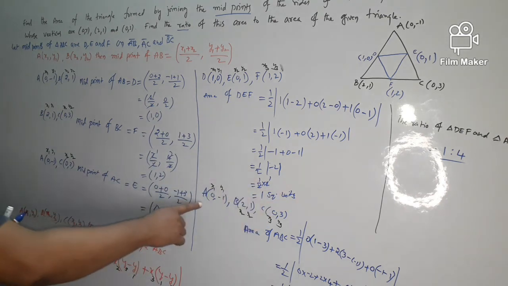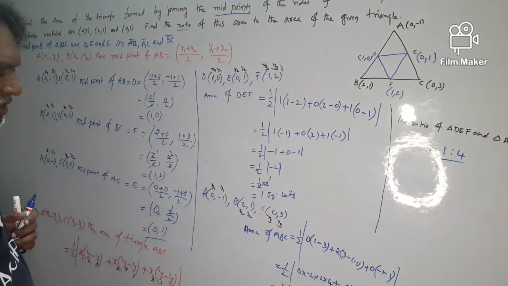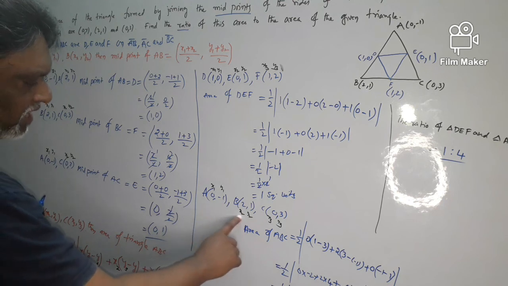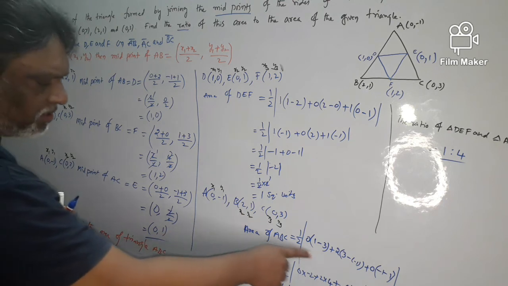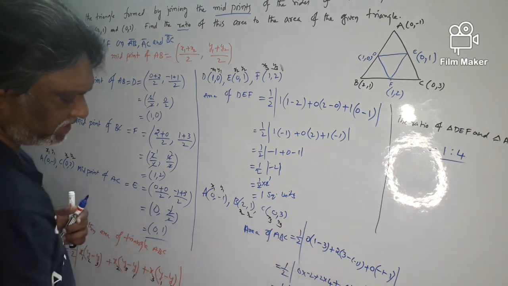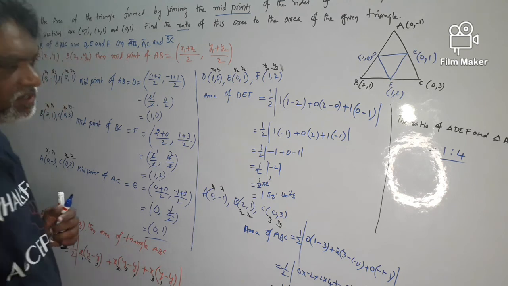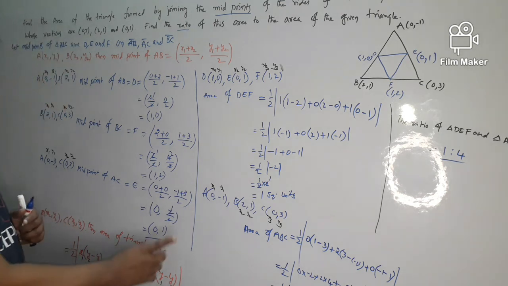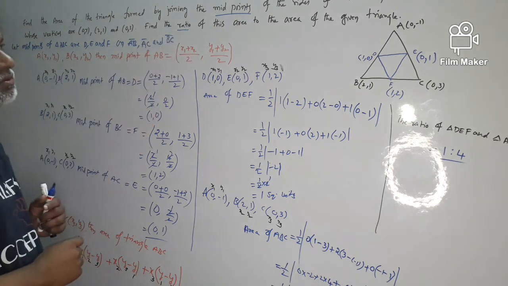Now write vertices of given triangle ABC. These values are substituted in this formula. Do simplification. We get the area of the given triangle is 4 square units. Okay. Now find the ratio.